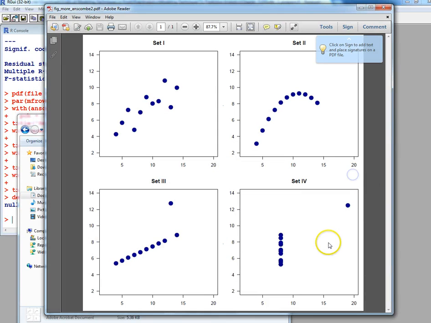Are they really the same? Are these data sets really the same? No, they're very, very different. If you draw a straight line through them, they're all going to have the same straight line, actually. Looks weird, but that's true. If you take the mean of the y values, they're all going to be the same.